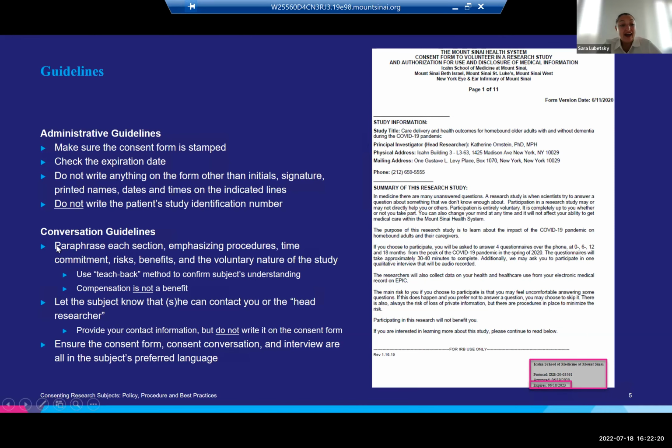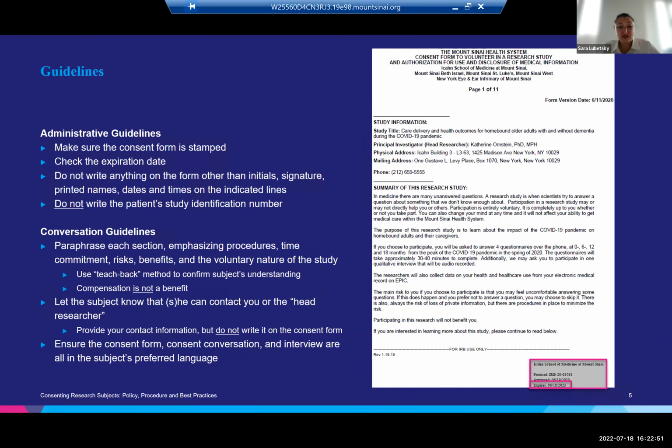As we review the consent form with the patient, you should go through and paraphrase each section. There are some pieces of this that are particularly important, so they should know what they're going to be responsible for, the time commitment involved, if there are any particular risks, any benefits.